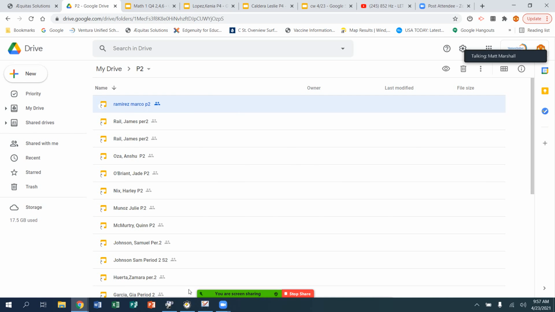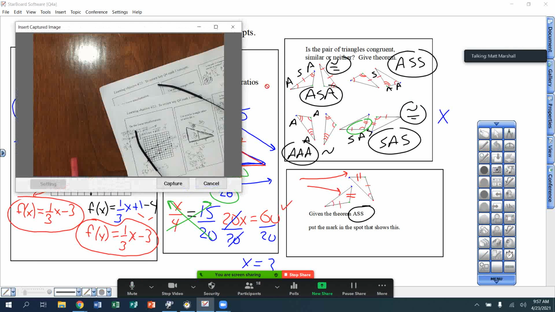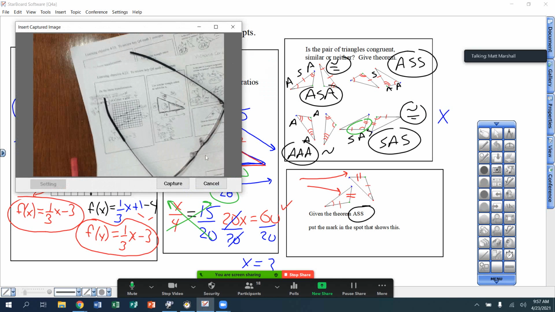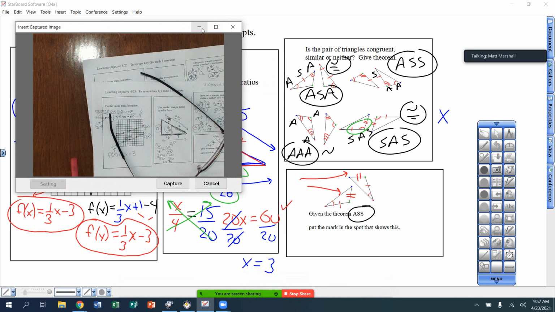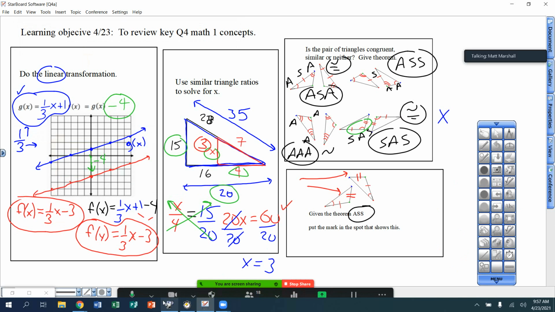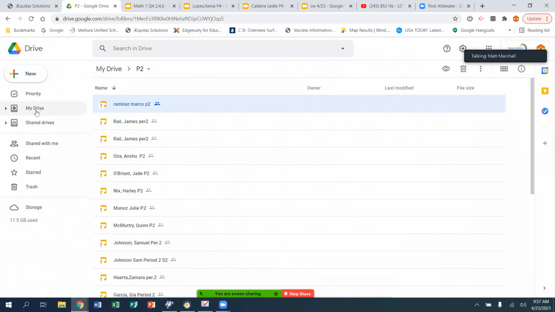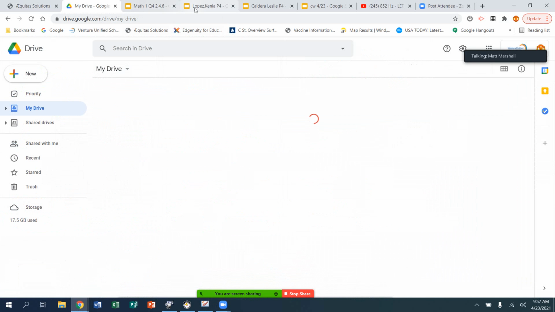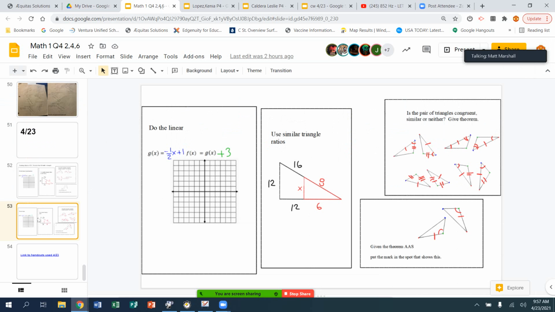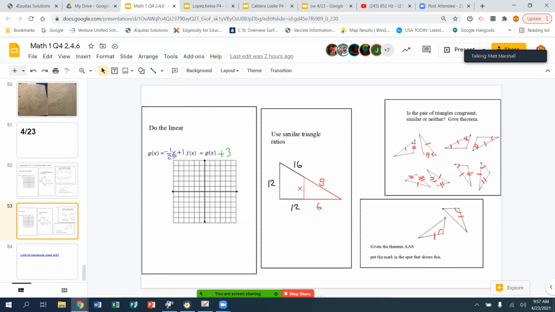My people who are in class in front of me, I'm going to have them put their work on the document camera for you people to see, so you'll be able to see their work on paper. But no matter what, I'd like you to try the next set either on paper and put a picture of that work on your slide, or do the work on the slide itself, because you can use the Google Slides software to do some of this work.